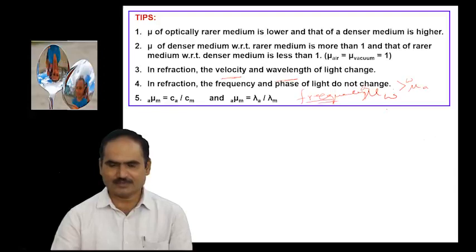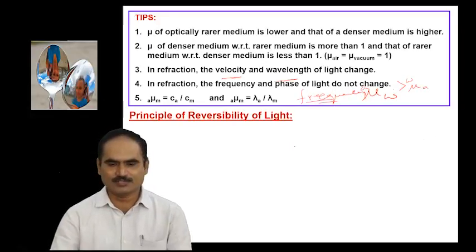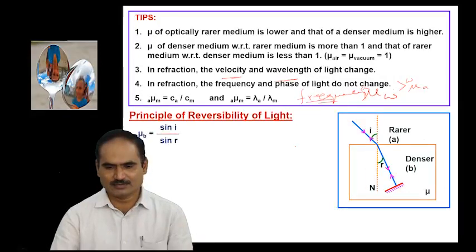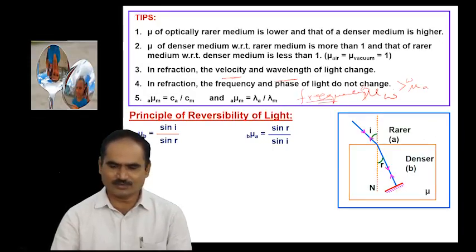Now let us understand the principle of reversibility. Right? The principle of reversibility is that if a light ray is incident, passing in one direction, and it undergoes refraction or reflection, and if a light ray travels in the opposite direction, or if you keep a plane mirror which is perpendicular to the incident ray, it will retrace its path back.